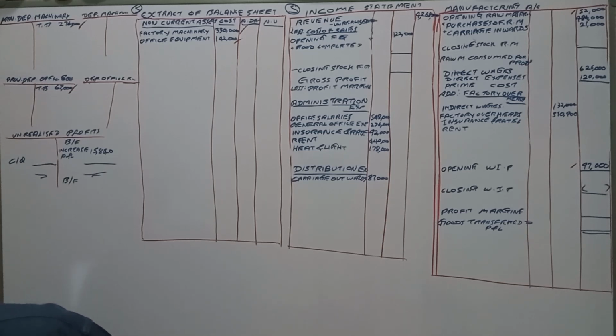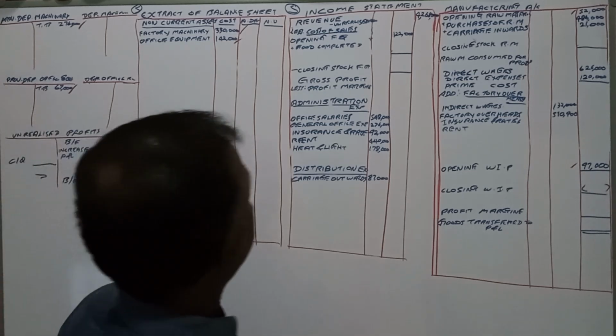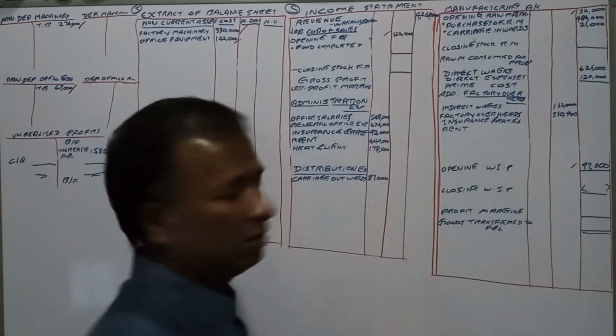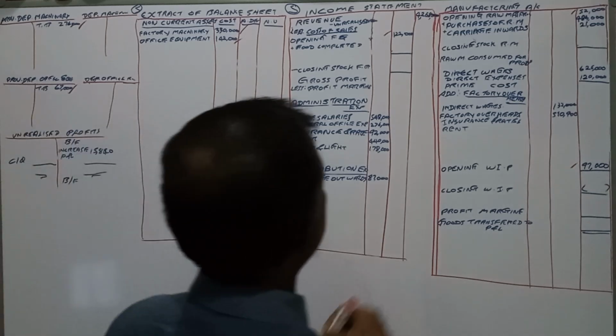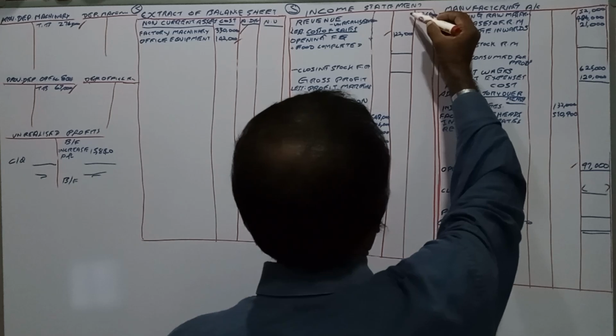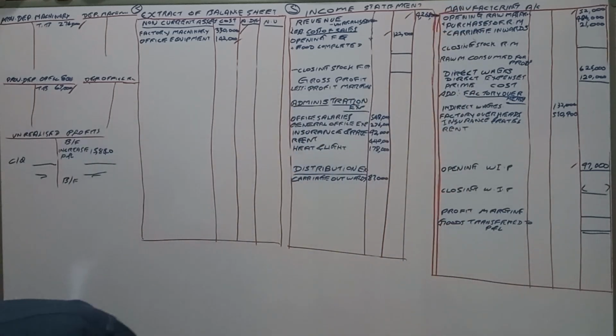Finished goods opening cost 122,000, that is taken, right? Revenue of 4,268,000 that is taken.